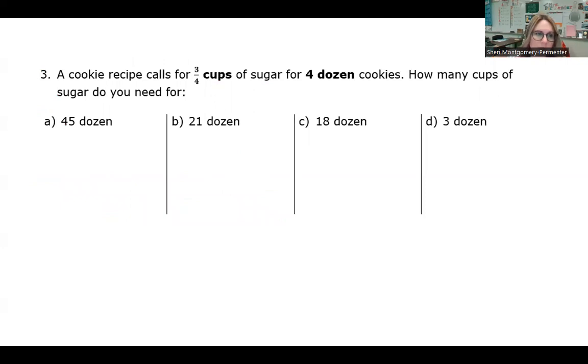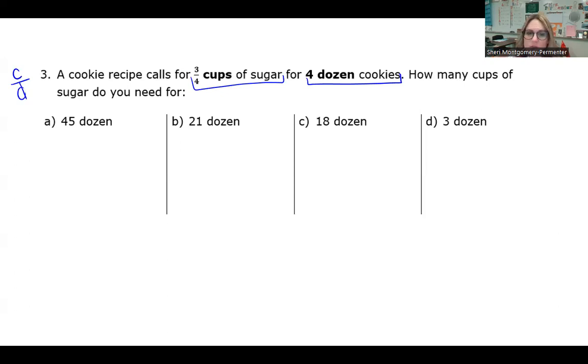Question number 3. It says a sugar cookie recipe calls for 3/4 cup of sugar and 4 dozen cookies. How many cups of sugar do you need for 45 dozen cookies, or 21 dozen cookies, or 18 dozen cookies? What we're going to do is set up a proportion again. We could say cups of sugar over dozens of cookies. That works. But if we're putting 3/4 cup of sugar over 4 dozen cookies, who wants to use a fraction inside of a fraction?